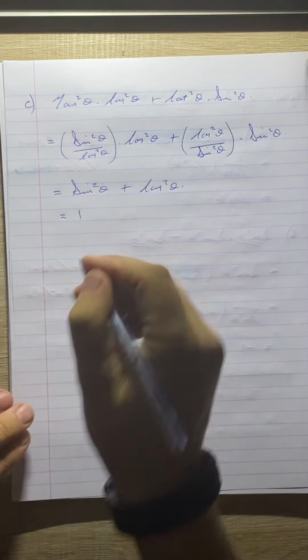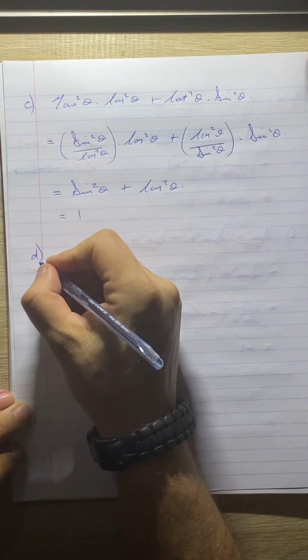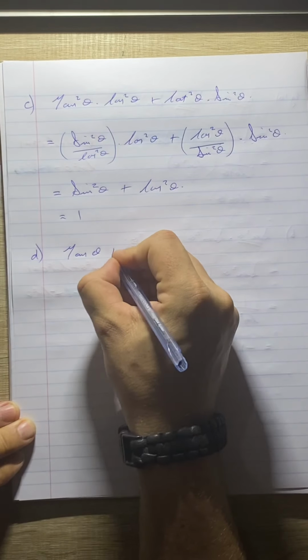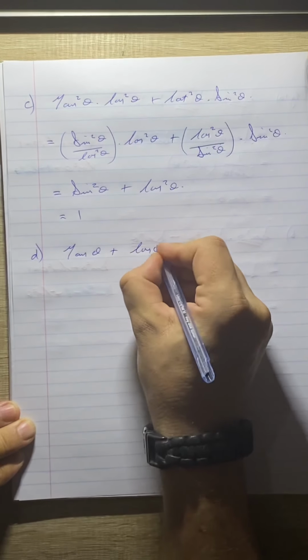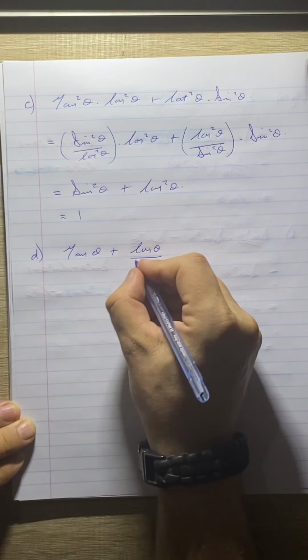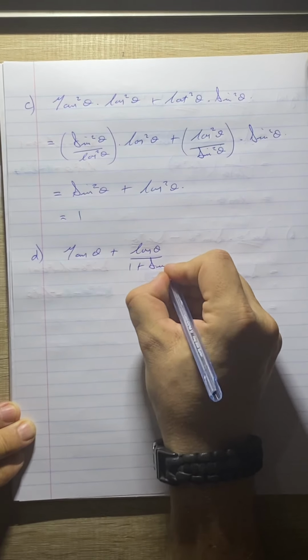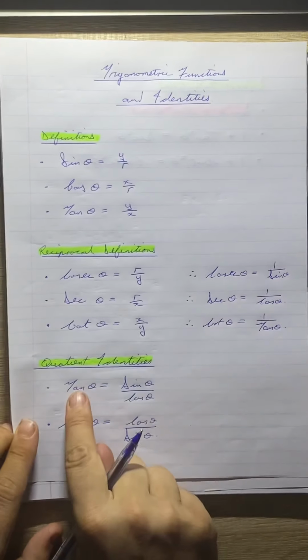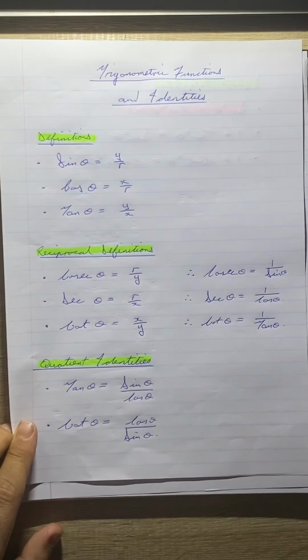All right, example D. We've got tan theta plus cos theta over 1 plus sine theta. Okay, so we're going to change everything to sine and cos, and we know that tan is equal to sine over cos theta.